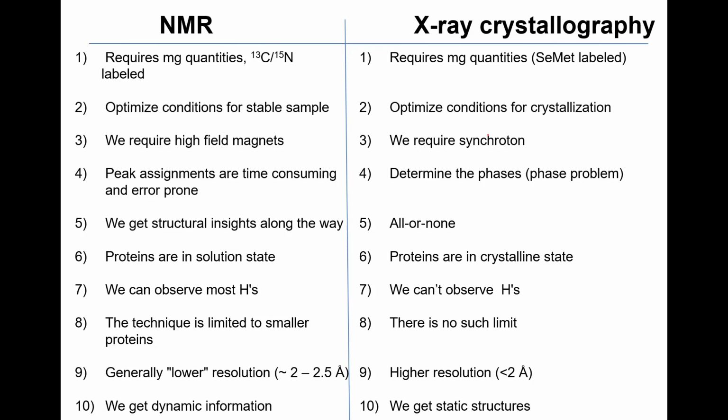In X-ray crystallography, a larger disadvantage is that either you get the overall three-dimensional structure in high resolution, or you get nothing, because you need to form a high-resolution, highly ordered three-dimensional crystal, through which you get the diffraction pattern.